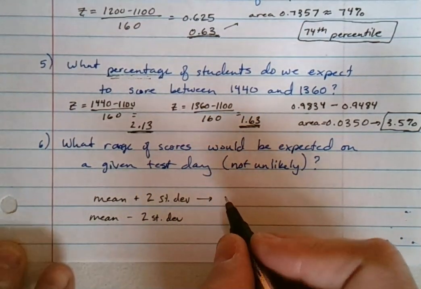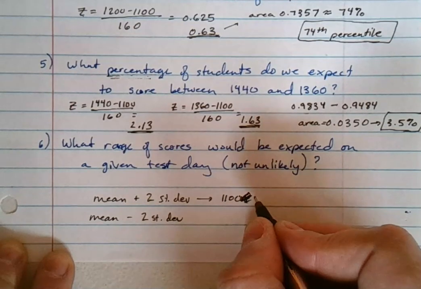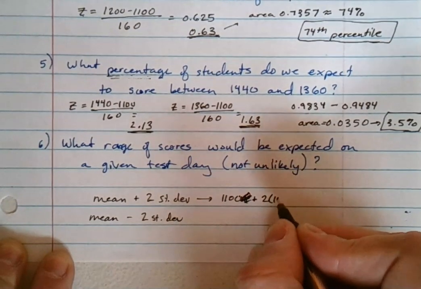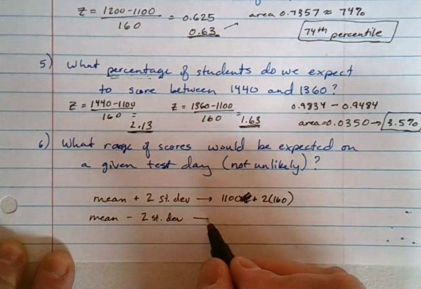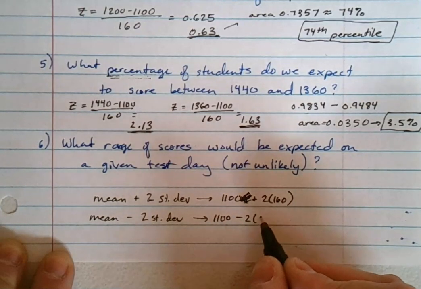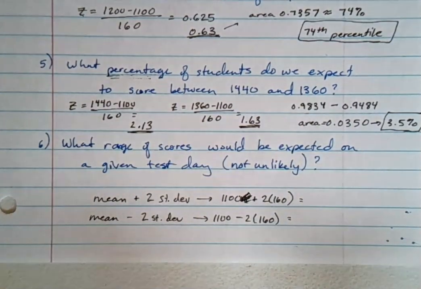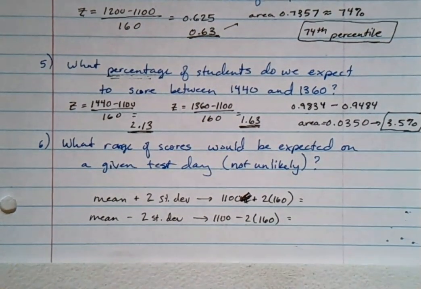And in our case, that's going to be 1100 plus, that's why you should write in pencil, not pen, plus 2 times 160, and 1100 minus 2 times 160. Okay? And that is going to give us 95% of the population, and it's going to knock out that 5%.